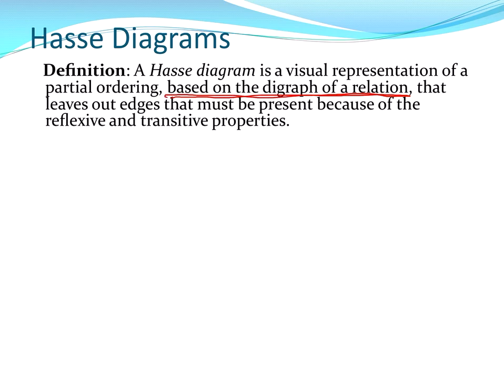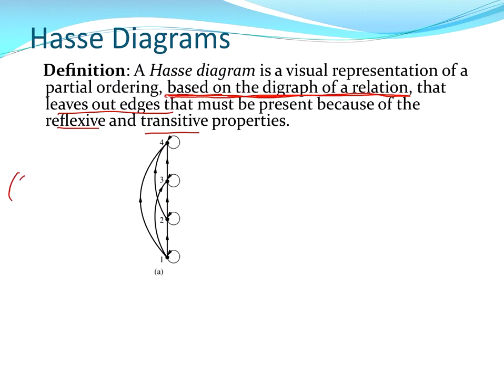Remember, we can express a relation using a directed graph, but we're going to leave out certain edges due to the reflexive and transitive properties. Here's an example of a partially ordered set where we have 1, 2, 3, and 4, and the relation is less than or equal to.